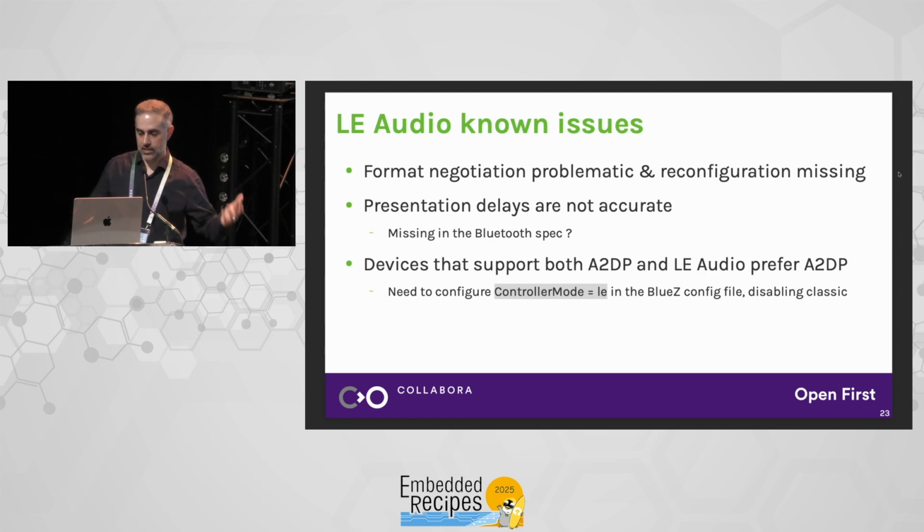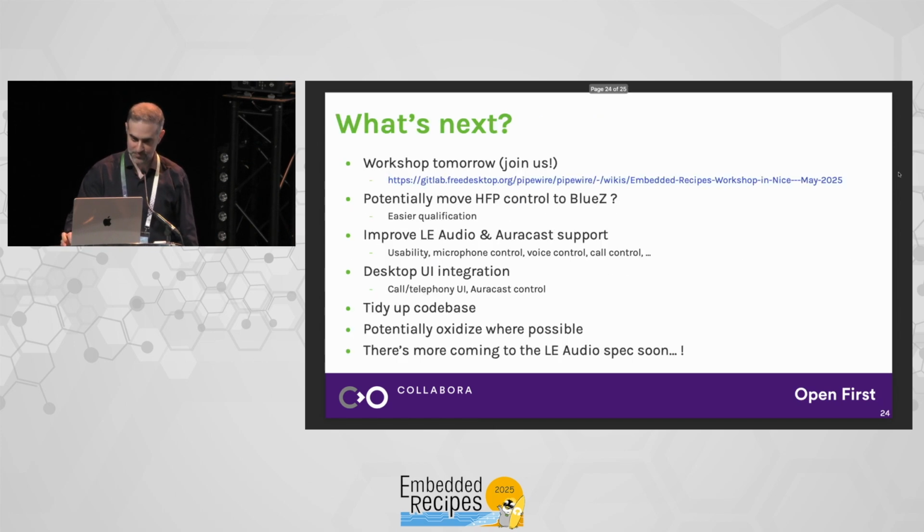And the workaround currently is to disable the entire Bluetooth classic stack by telling BlueZ to use only low energy. And then everything goes away, like A2DP goes away, HFP goes away, all the other classic profiles like phone book access and message access and everything, they go away, and then you only have LE audio. We are working on that. So that's the current status.